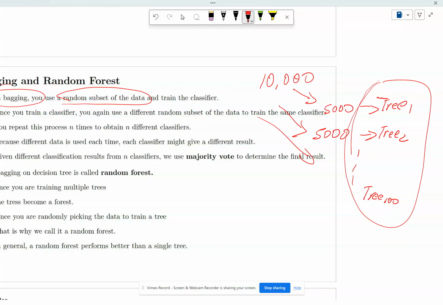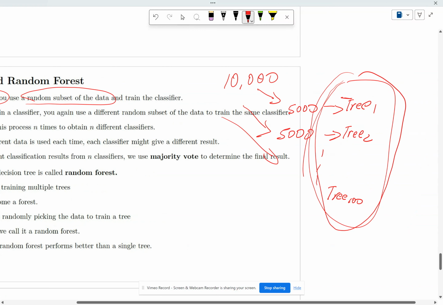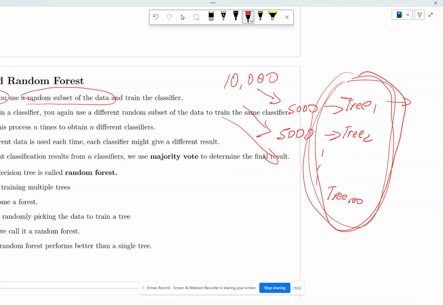Because they use different data, they might actually come to different decisions, right? Therefore, what you can do at this point is use all the trees simultaneously, and the trees are going to give you a decision. Well, yes, no, yes, yes. And it's going to give you multiple labels, right? And then you just do the majority vote.